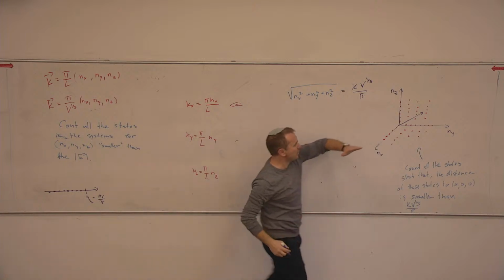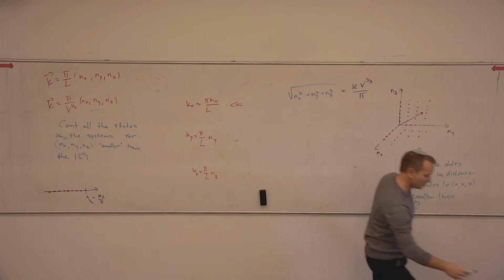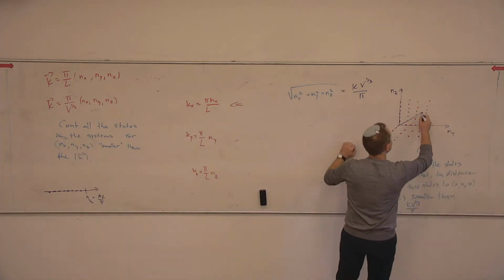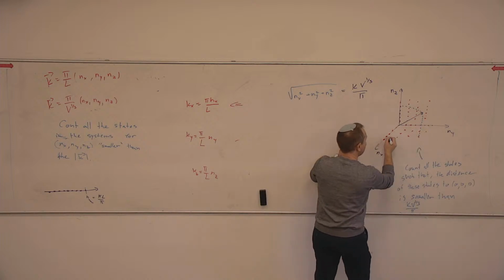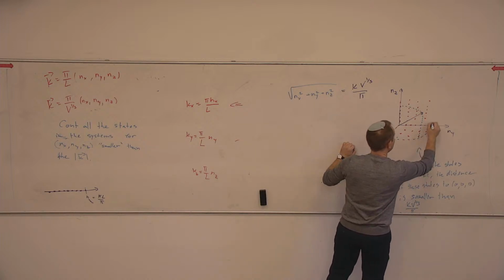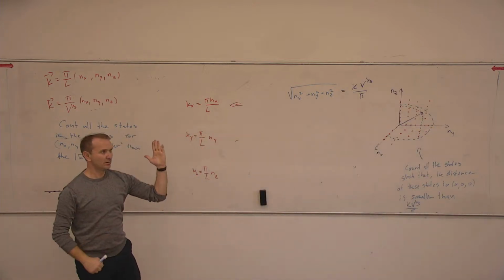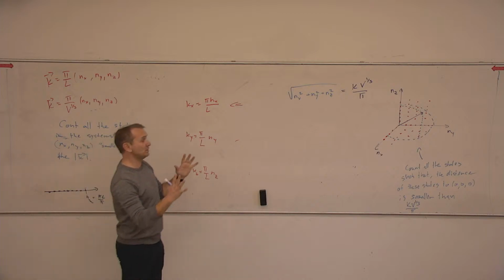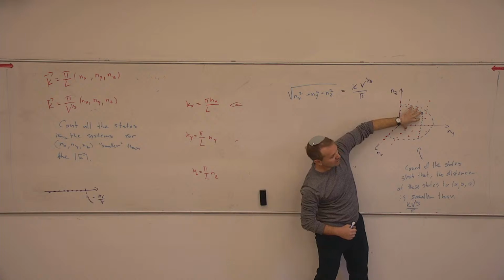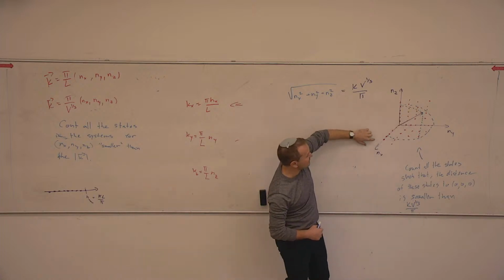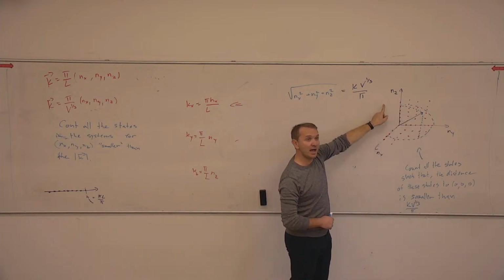And I need to count all the different states that are sitting in a specific portion of my space, such that they are part of, well, it's a three-dimensional ball, I can say, but they are sitting inside this ball, and there are restrictions: nx has to be positive, ny has to be positive, and nz has to be positive.